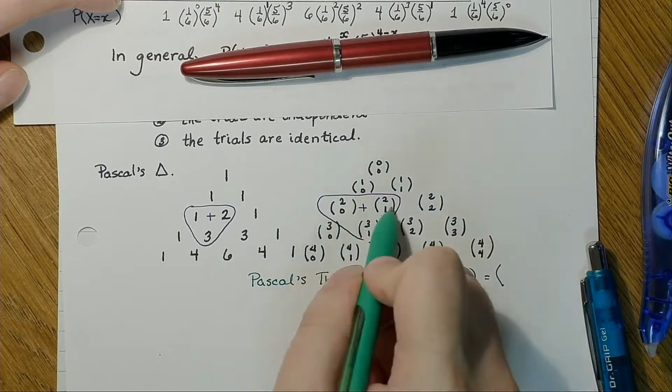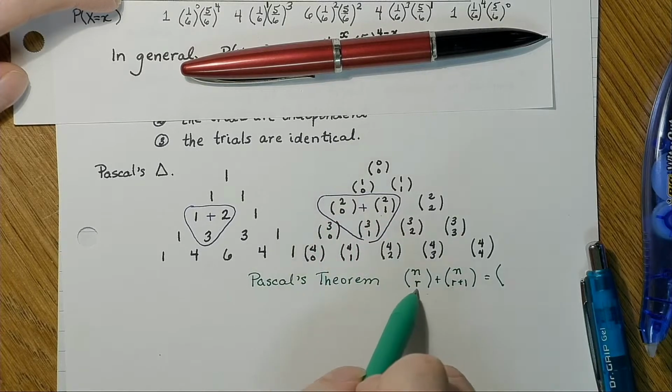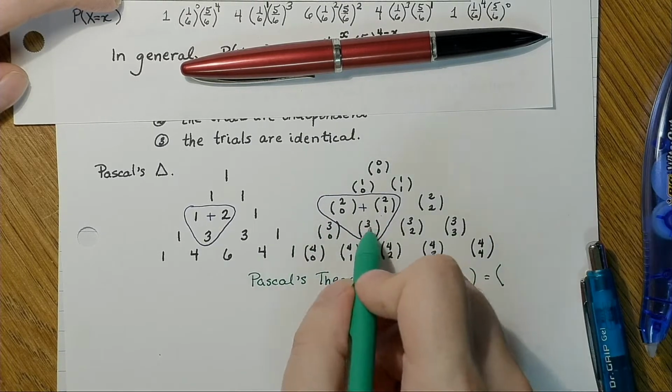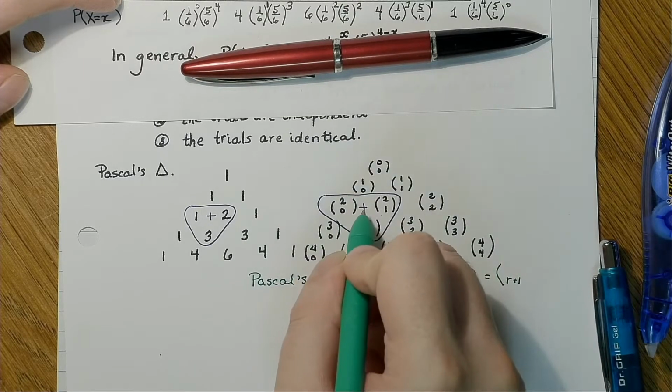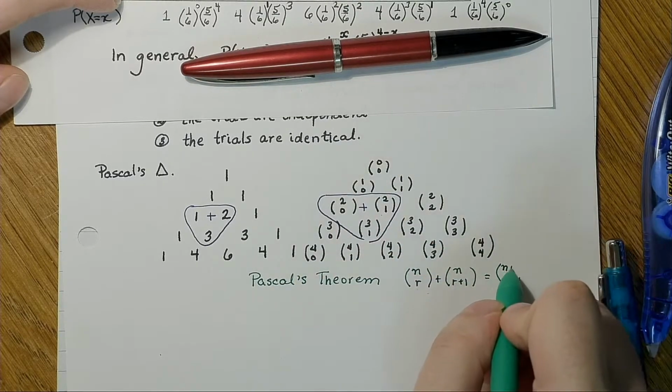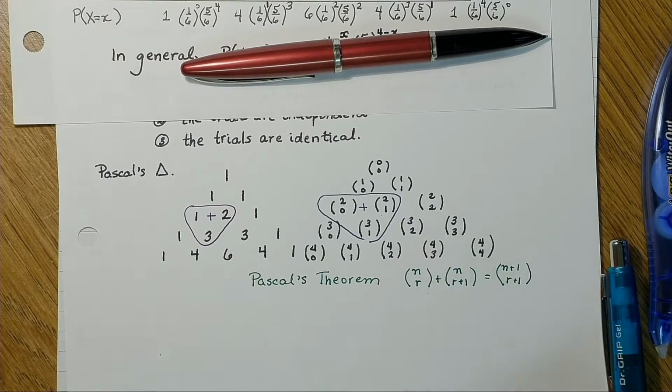So I have n, so here is like say 2 and 2, here's 0 and 1, so that's the increasing part, and it is then just r plus 1 and n plus 1, so it's n plus 1 choose r plus 1. So there's Pascal's theorem.